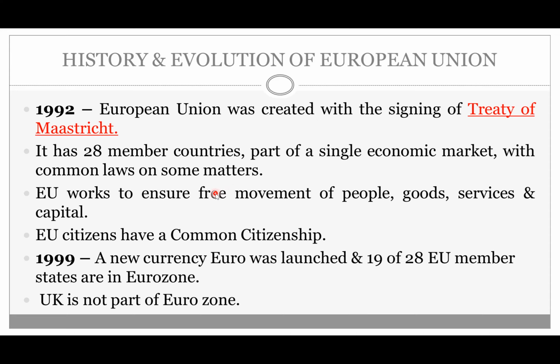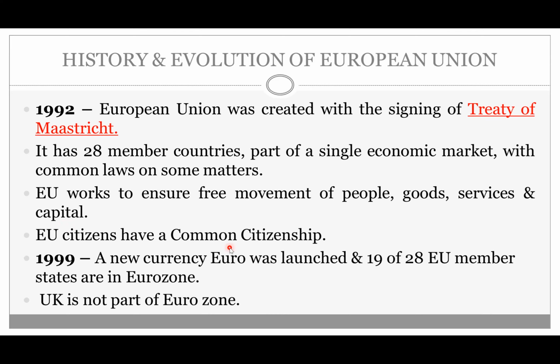So 28 countries, they have free movement of people, goods, services and capital. This is the basic principle of globalization or reduction of trade barriers among countries, opening up of borders for more economic trade. Free movement of people, goods, services and capital is ensured.